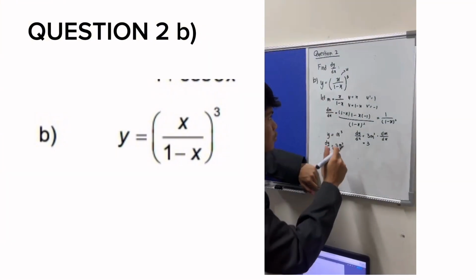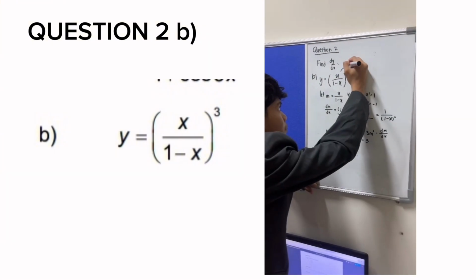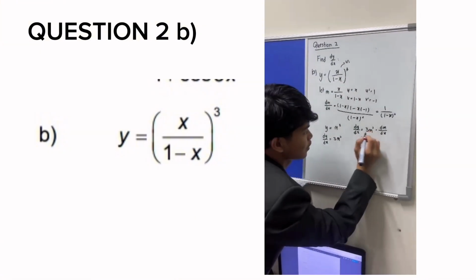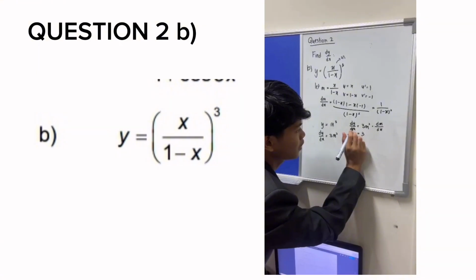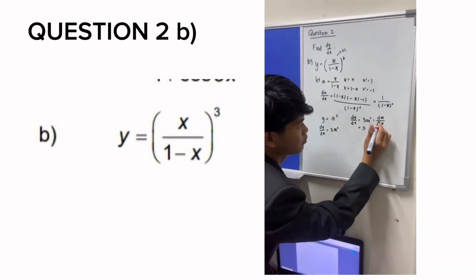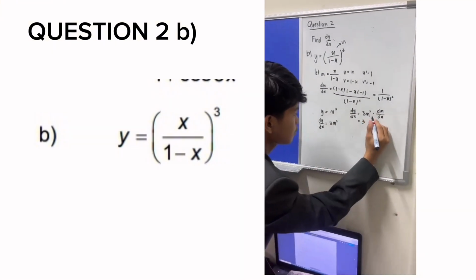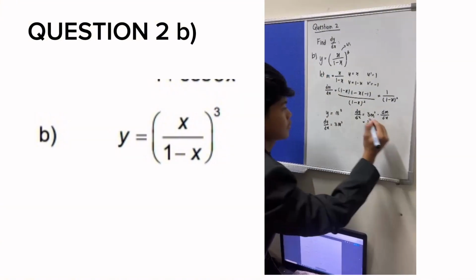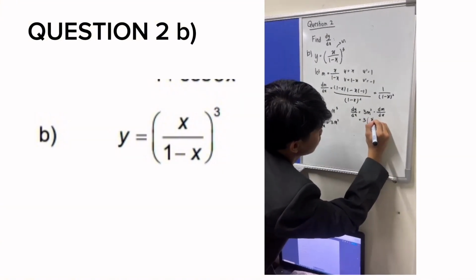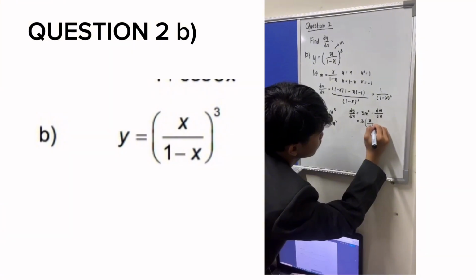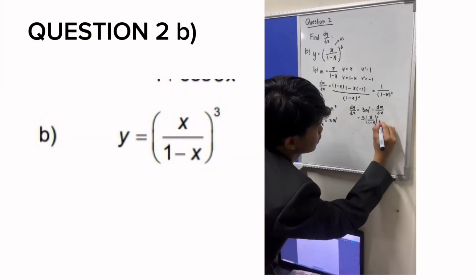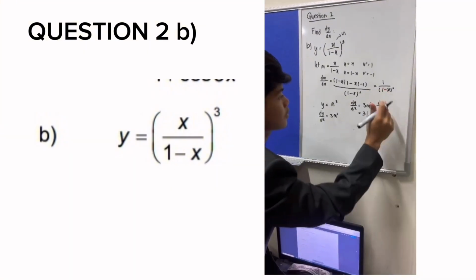After you substitute, you get this formula: dy/dx equals 3m squared times dm/dx, which is the differentiation from before. So substitute m is x over 1 minus x, squared, times dm/dx is this.